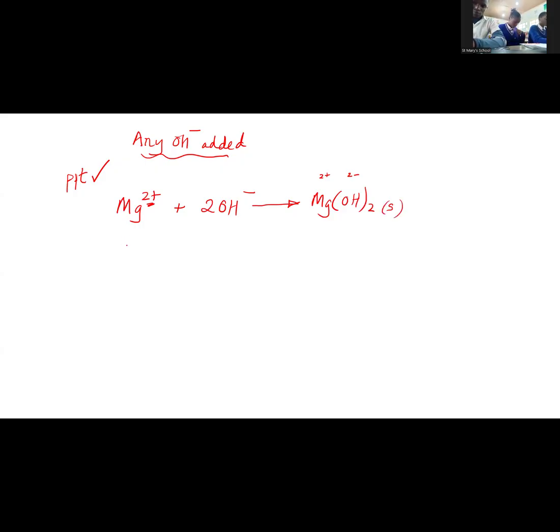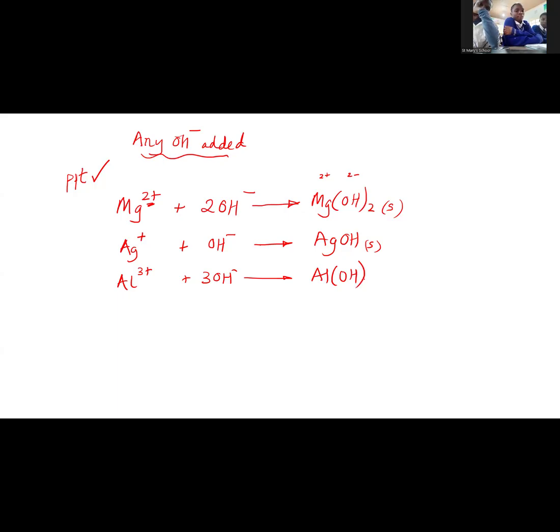So if we had something which forms, for instance, silver does the same. If we had something which was Ag1 plus, then it would go with one OH minus and it would make AgOH, no charge, solid. If it is something with a 3 plus, like aluminium, then 3 plus, 3OH minus, AlOH3 solid.